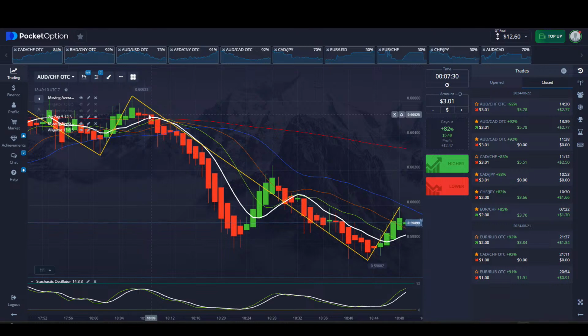So I have a flat top here. We got 2 dojis, which means indecision. Sellers and buyers are in conflict right there. But now that we start to see flat tops, that means that the sellers are taking over.